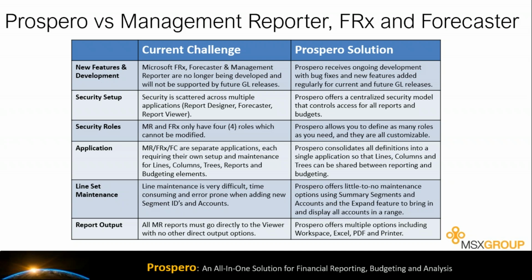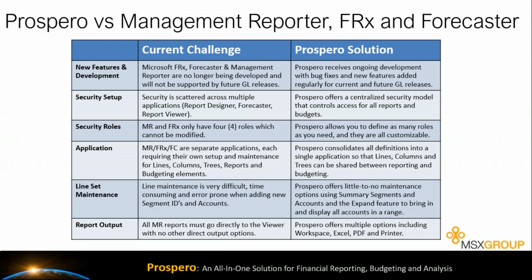All of the building blocks for Prospero are in single locations, same application, same database for reporting and budgeting. If you think back to MR, FRX, and Forecaster, you'd have several applications to pull everything together. With MR and FRX, you'd have one application that we would use to handle building and running all the reports, but you'd have to have a separate application to actually view the reports that you ran.